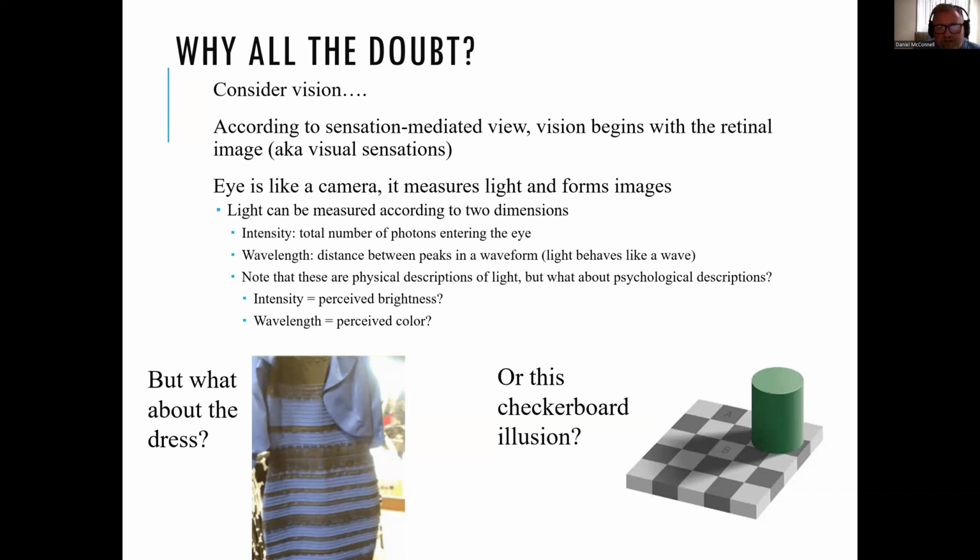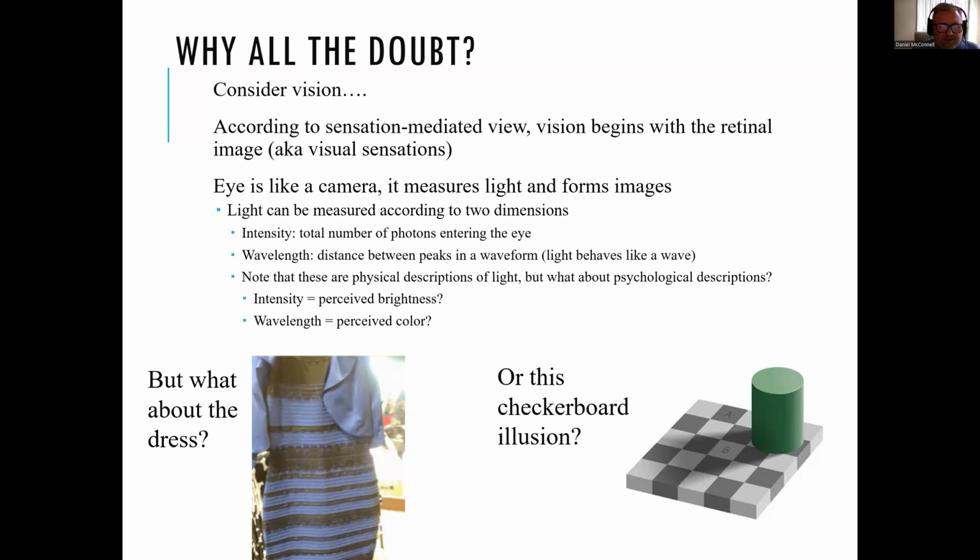Maybe we could say the same thing about the dress, right? That presumably, regardless of who is looking at the image of the dress, the same light wavelengths are coming off of the screen. The same light wavelengths are activating the receptors in your eye. So the receptor response is always identical, but the perceptual judgment is not.